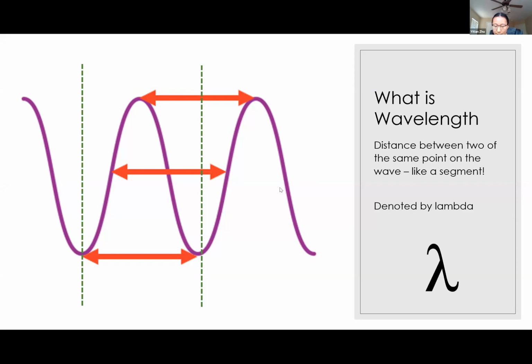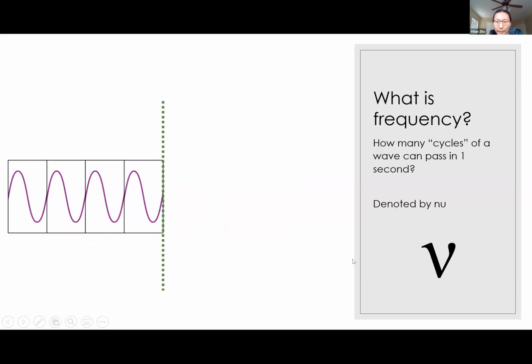All right, so I think we can move on to frequency. So frequency is a unit of measure that answers how many full cycles can pass a single point in 1 second.